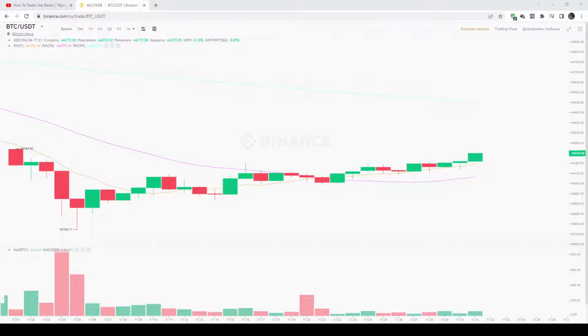The second clue was the fact that the rally managed to break the most recent swing high. If you plan to trade rally-base-drop or drop-base-rally zones, the best advice I can give you is to make sure the zone you're trading breaks the recent swing high for drop-base-rally zones, or the recent swing low for rally-base-drop zones.